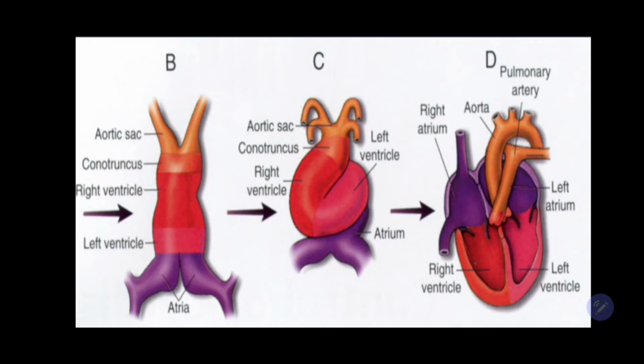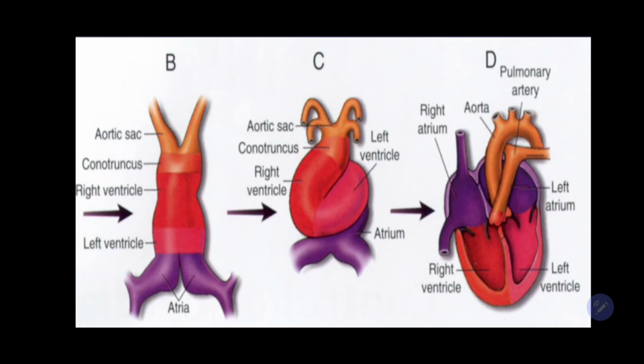We have seen there will be formation of septum primum, but here there is a formation of septum intermedium, dividing this common AV canal into right and left. And with the septation, the interventricular septum also grows towards it, and even septum primum also grows towards it. So this septum intermedium, which is dividing the AV canal into right and left AV canal, is very important in the septation of the atria and ventricles.